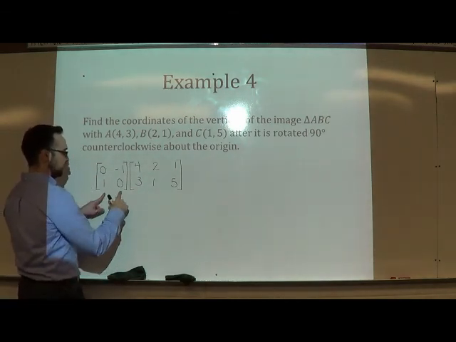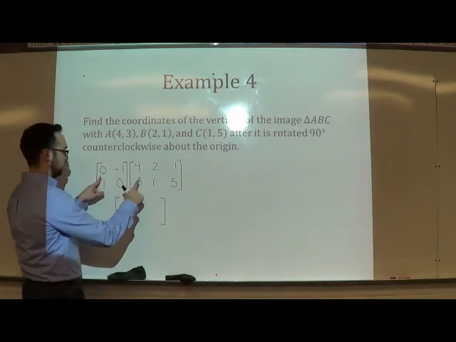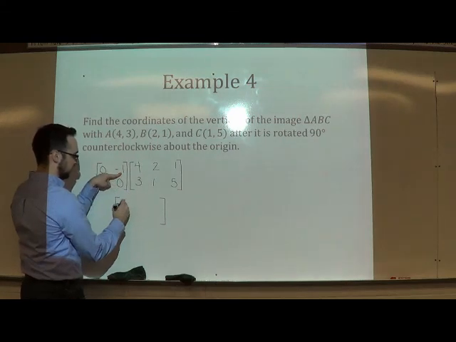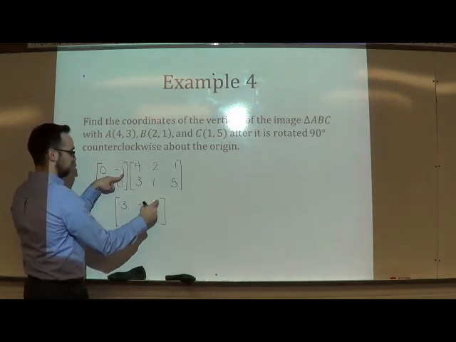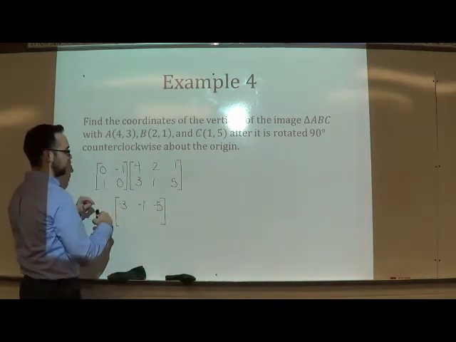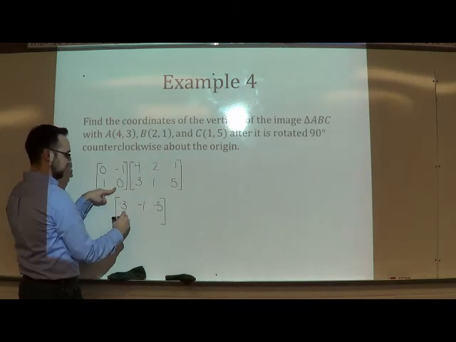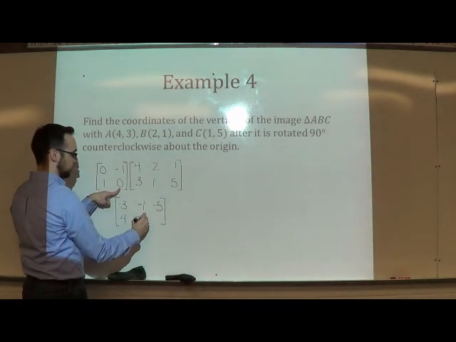Again, a 2 by 2 and a 2 by 3 will give us a 2 by 3. So we'll have 0 and negative 3 is negative 3. 0 and negative 1 is negative 1. 0 and negative 5 is negative 5. 4 and 0 is 4. 2 and 0 is 2.